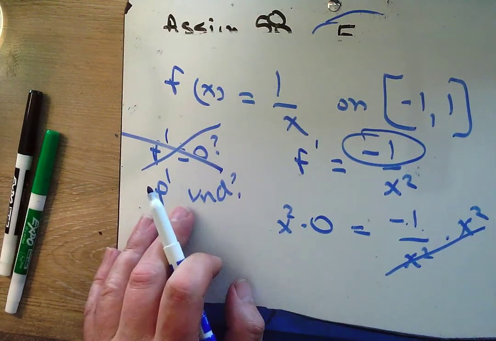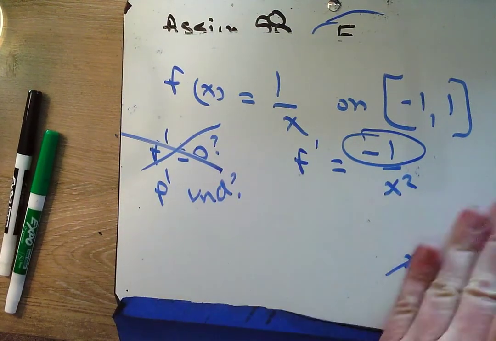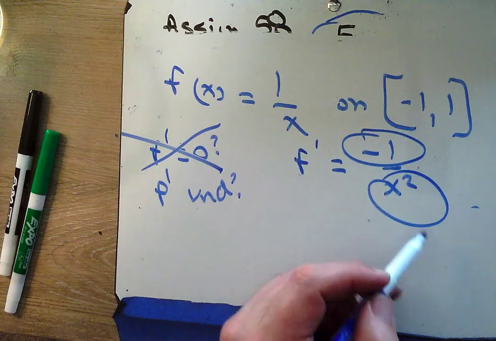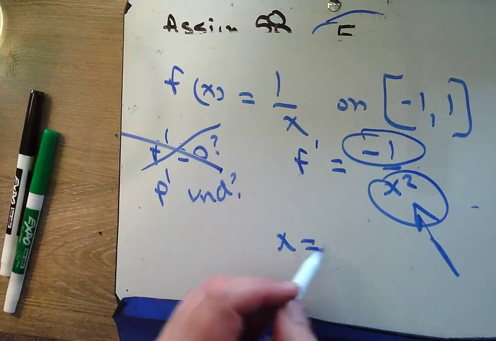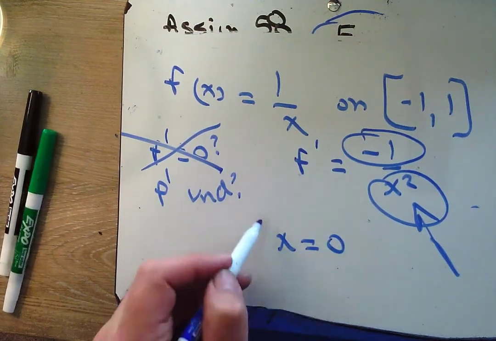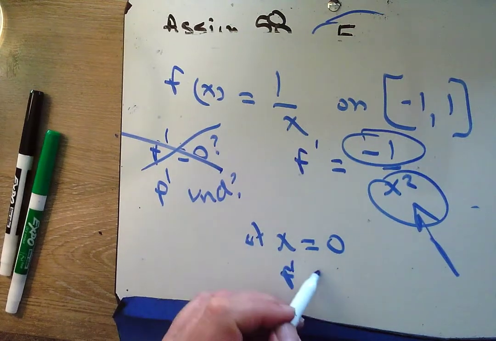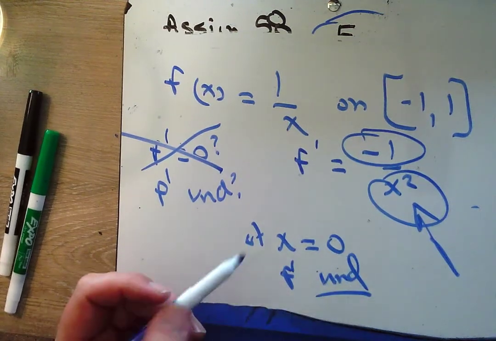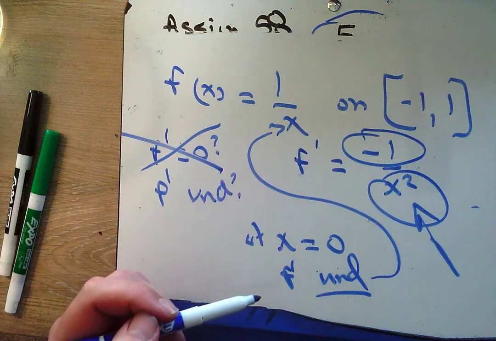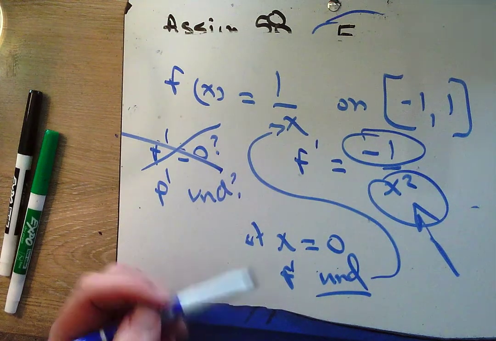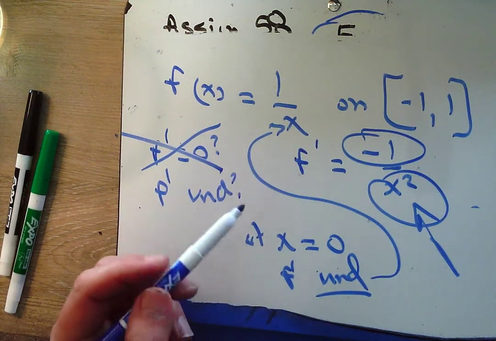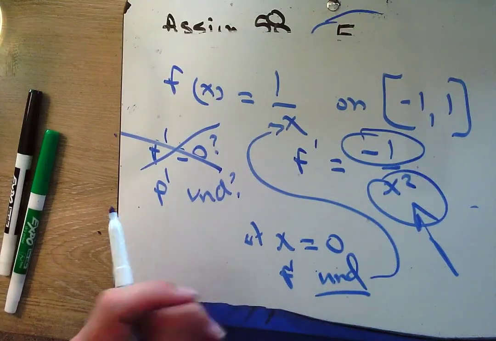How about f prime undefined? Oh, f prime could be undefined when this was equal to 0, like at x equals 0. At x equals 0, f prime is undefined. However, we all know that at x equals 0, we've got a vertical asymptote. So, of course, the derivative can't exist there.